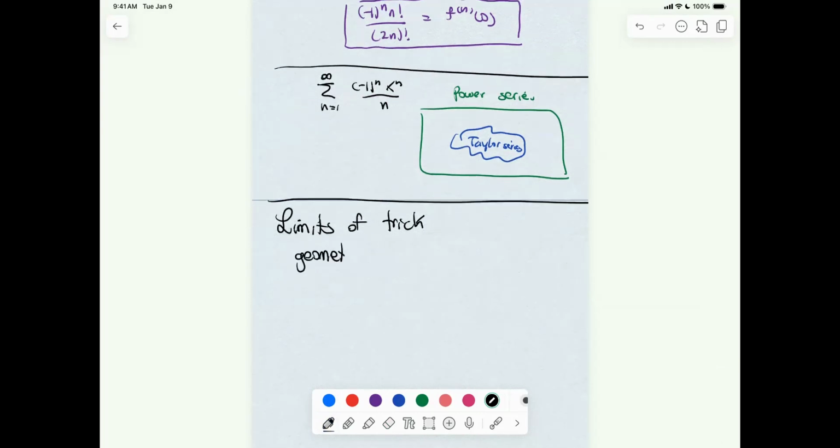If you remember the formula for the geometric series, the natural one, 1 divided by 1 minus x is this thing. That's what the geometric series says. But this only works if x is between -1 and 1. Okay.